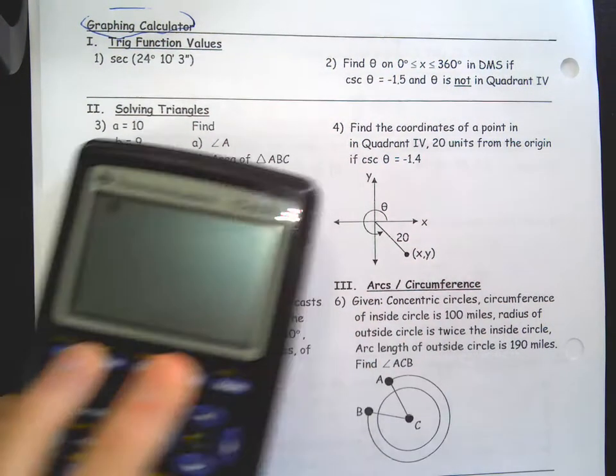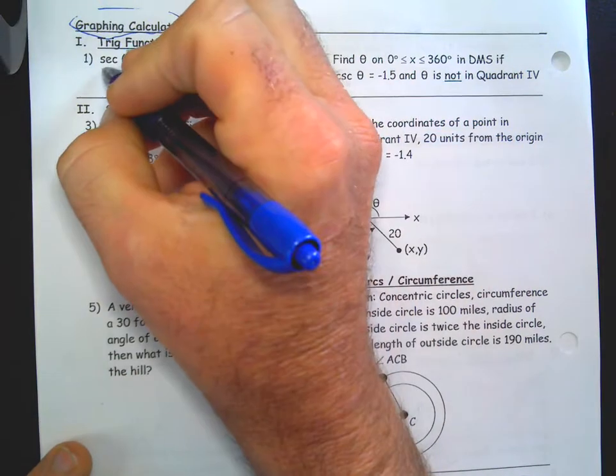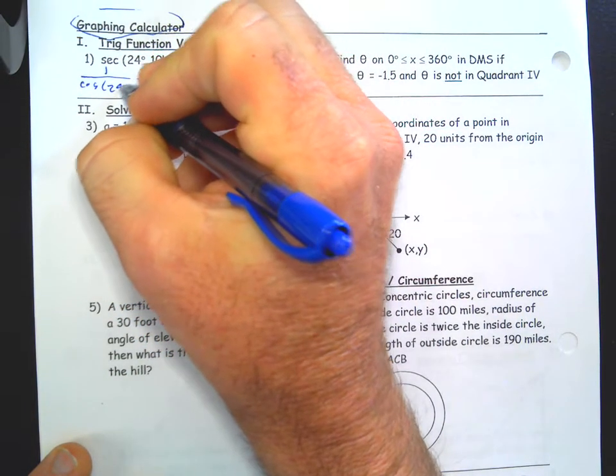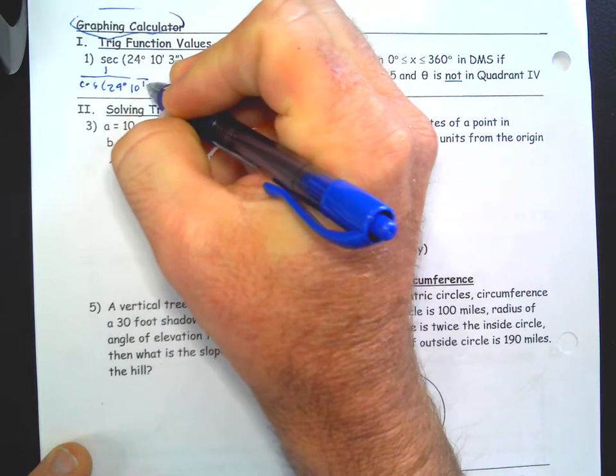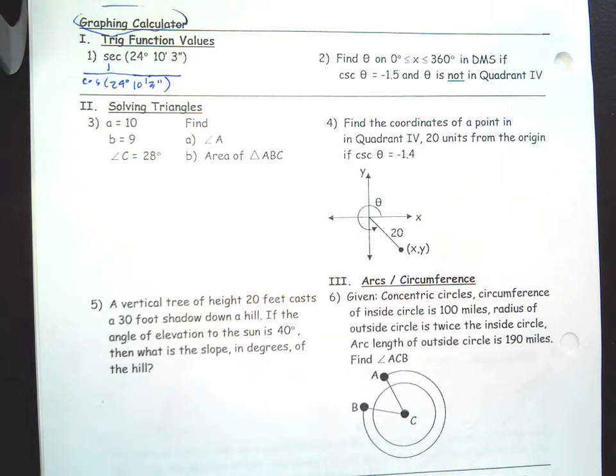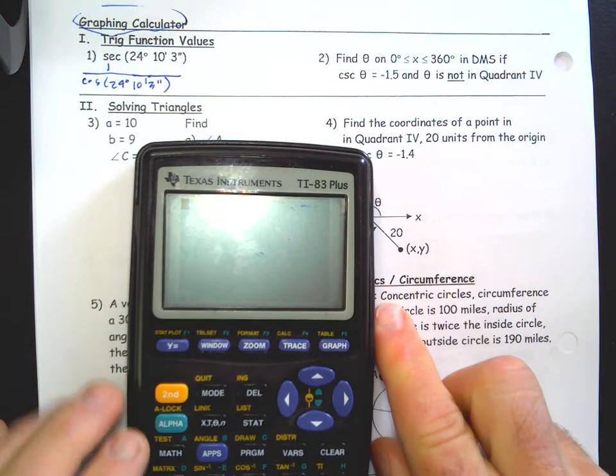And so for using your calculator to find secant, I usually say, okay, let's do cosine. Most of this is going to be in degree mode, your calculator, except for the sine regression won't be.